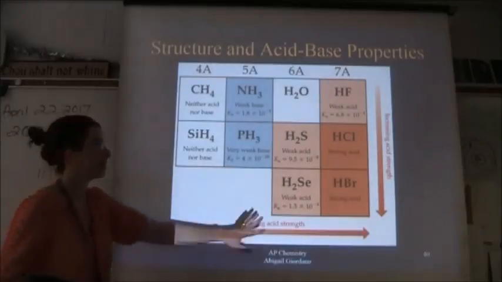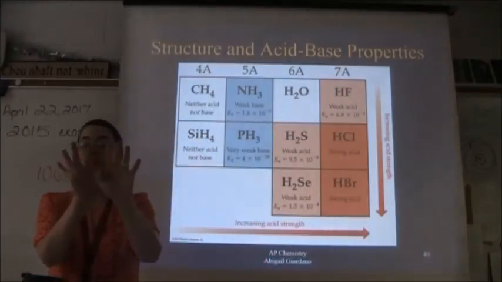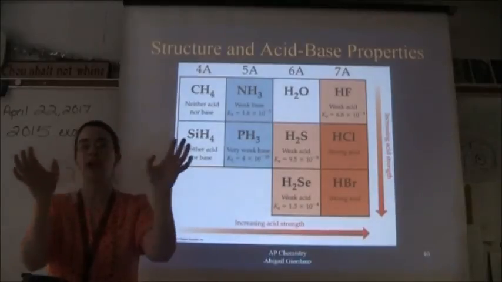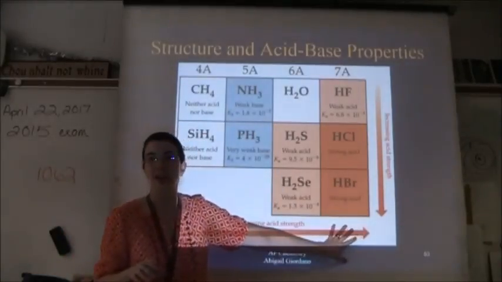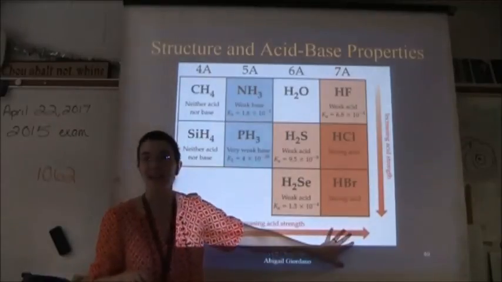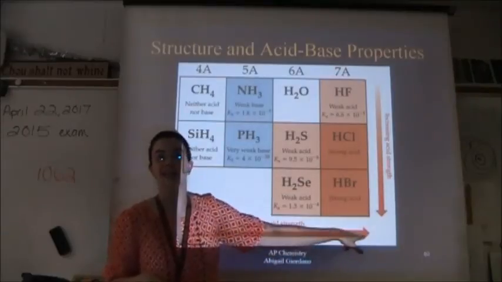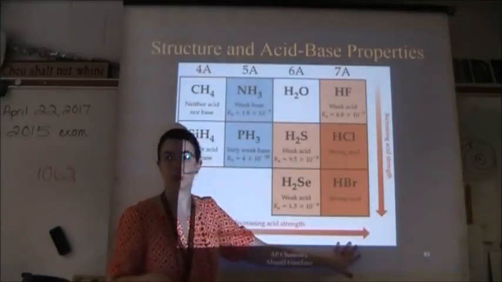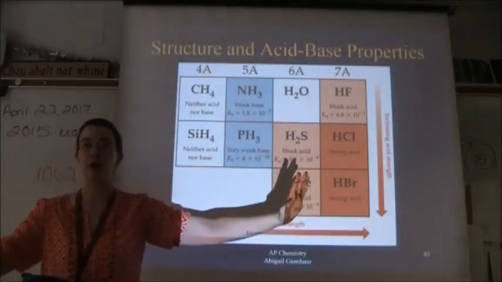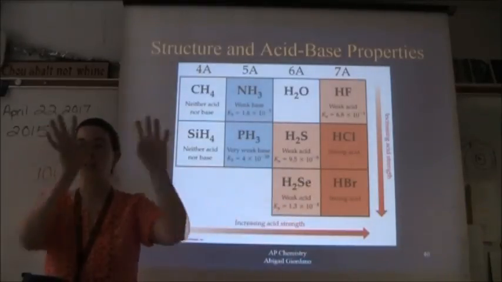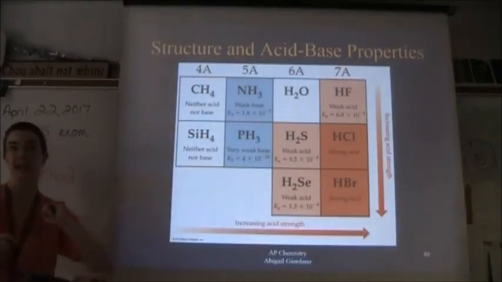Less and less, which means the connection between them is getting looser and looser and looser. They don't have HI on this chart, but if they did, I would even write the word strongest acid of that group. Weakest connection, easily pulled apart. That's an acid that's providing a great deal of H plus ions to the solution.